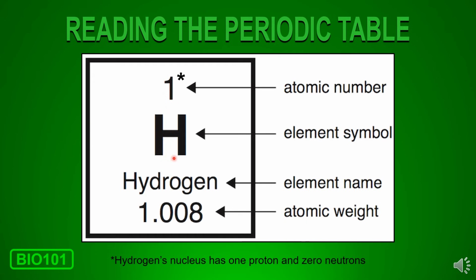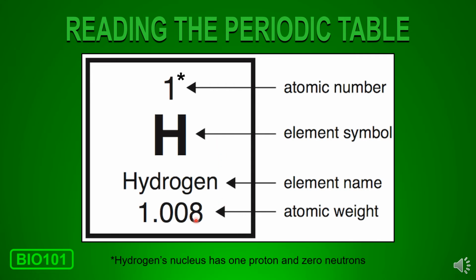But regardless, whatever element you're looking at, that number up there is always going to be the atomic number, or the number of protons. And so the atomic weight of hydrogen is roughly 1.008. Some of that comes from the weight of the electrons, but as you can see, it amounts to 8/1000ths of a Dalton for hydrogen.